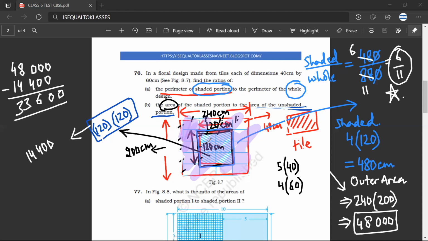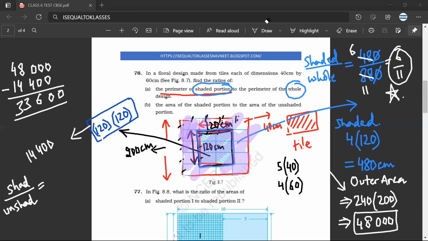Okay, now finally we will get the ratio. What will be the ratio, Mr. Satya? So 33,600. No, first we have to find the unshaded one. So it would be 14,400 is to 33,600.